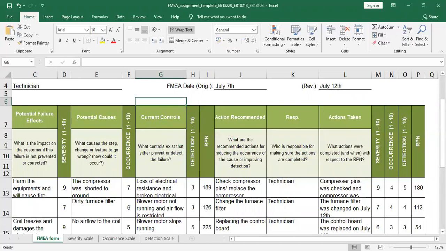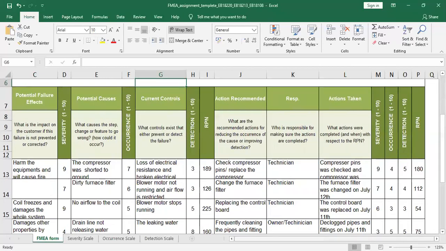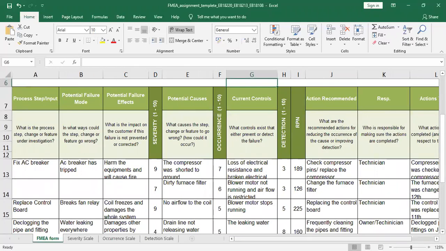After the actions, we chose severity the same at 9, occurrence 4, and detection 5 because the problem was quite low and reduced already. For the last RPN, we get a total of 180.